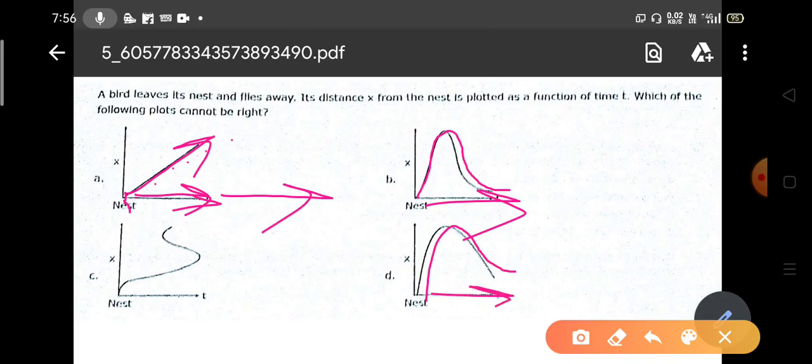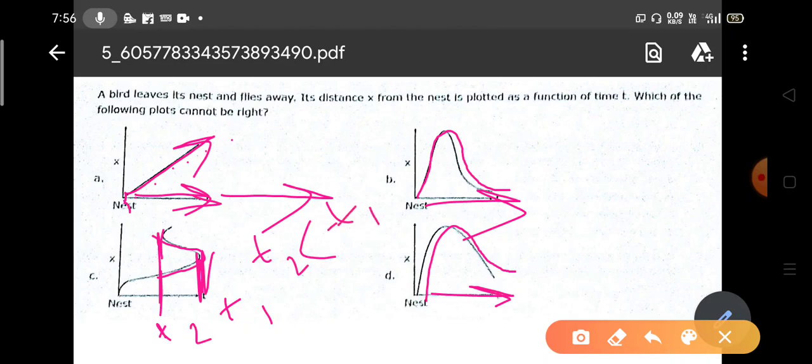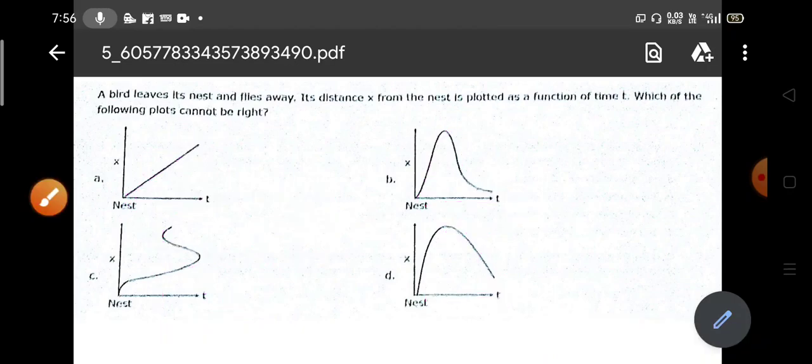It is forwardly proceeding. But in this case, the coordinate of time, suppose this is t1 and this is t2, and this t2 is less than t1. So time is traveling backward in this graph. So the bird is traveling backward, like a Doraemon gadget. So this is not true.